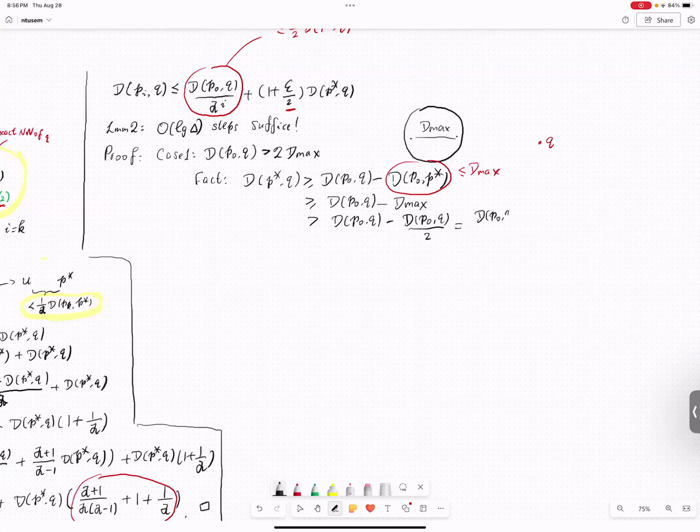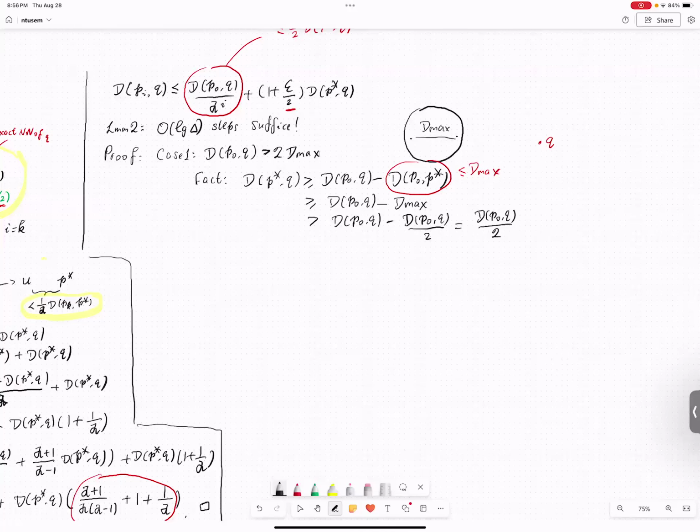As you can see, this d(P0, Q), as I told you, is at least 2 times D max, so this is really huge. Now look at this inequality, our valuable inequality. Let's apply it for i being 1. It's just one hop, and let's see what happens.